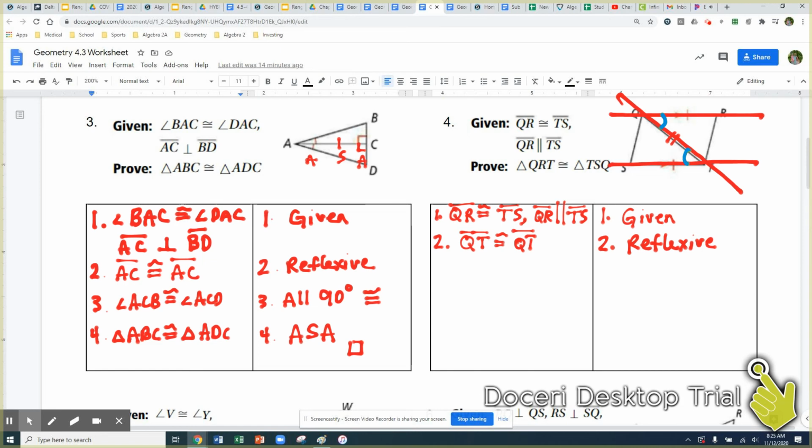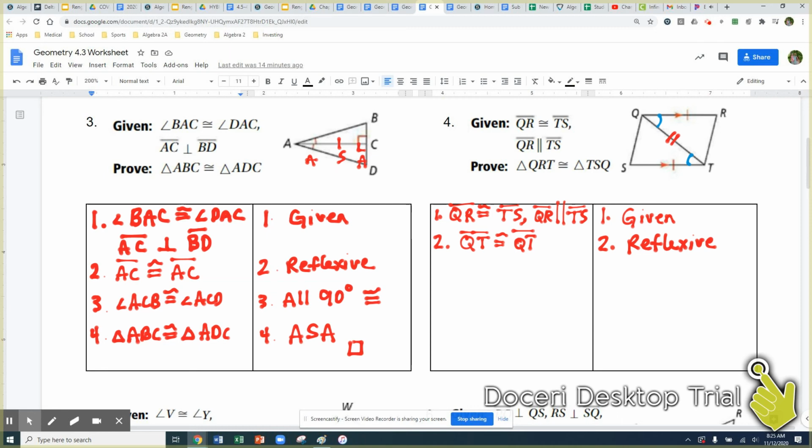Angle, side, angle. Okay, so that's what I'm going to use. So heading back, we're going to start to prove next this angle right here is congruent to this angle right here because of alternate interior angles. Now I'm going to write my 2 angles congruent to each other.